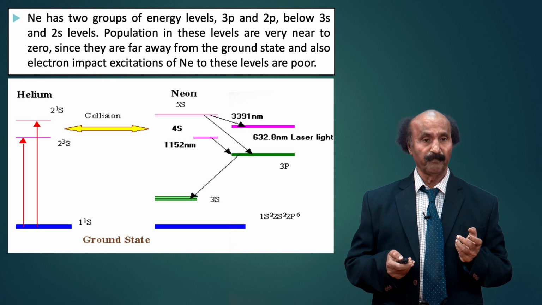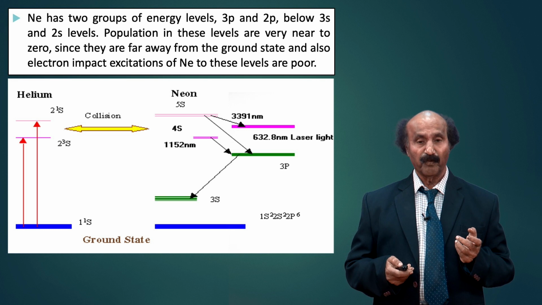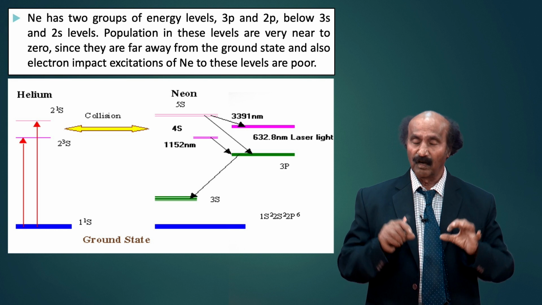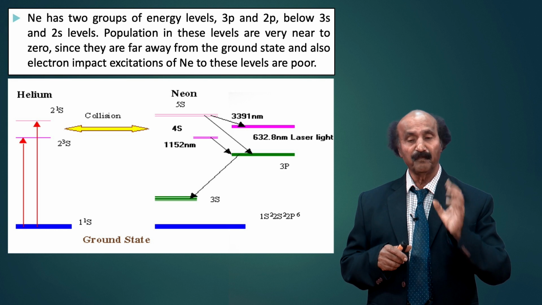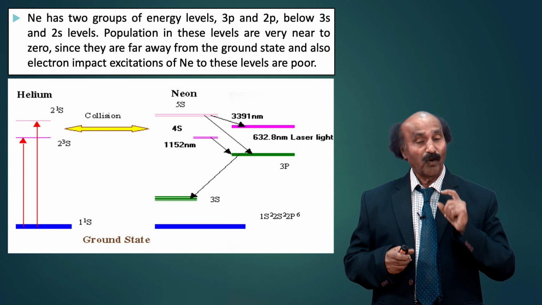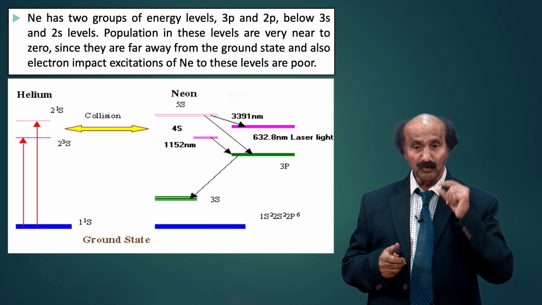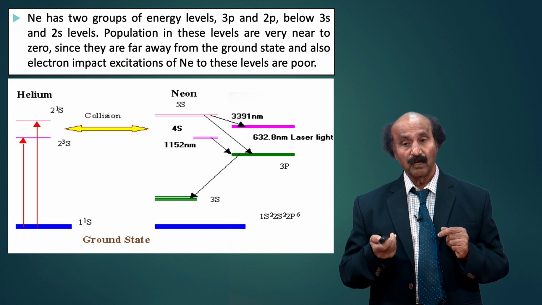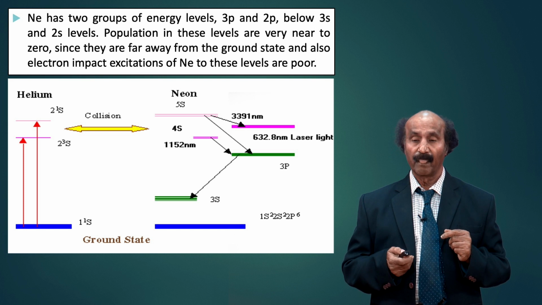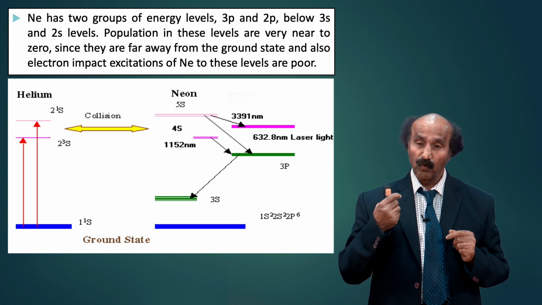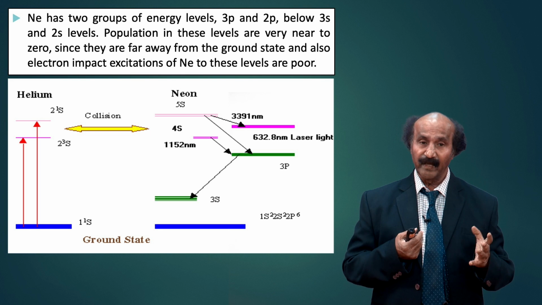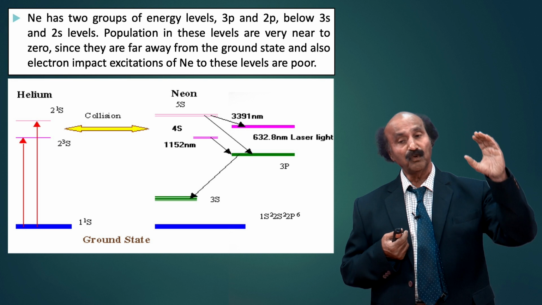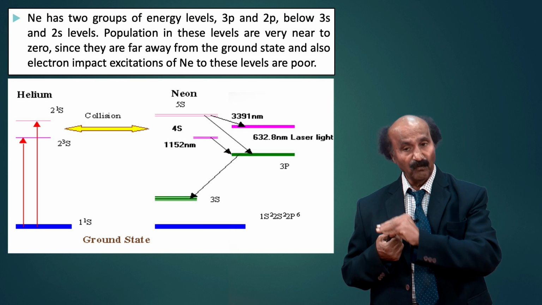Okay, the first and the most important thing is make the diameter of the tube very small, of the order of 4 millimeter or 3 millimeter. Why? If we have narrow tube, then atom which have gone to 3p level will get hit by helium atom, other neon atom, and also in the surface of the wall.